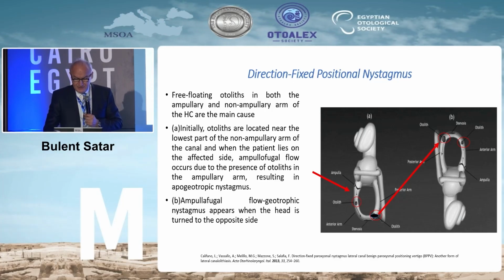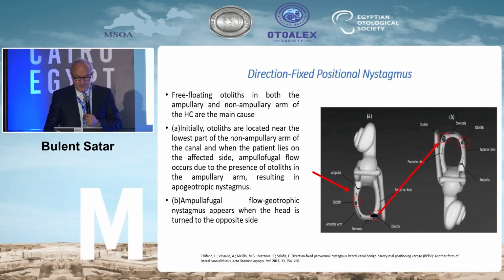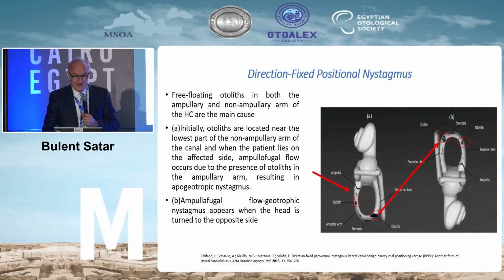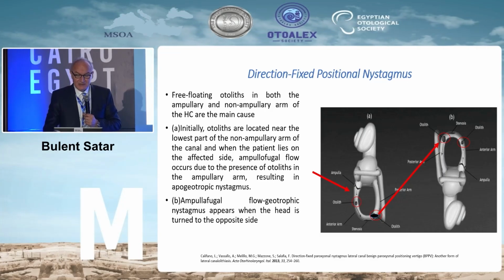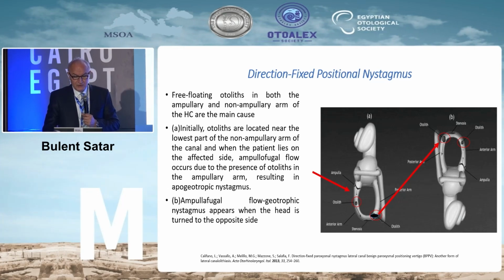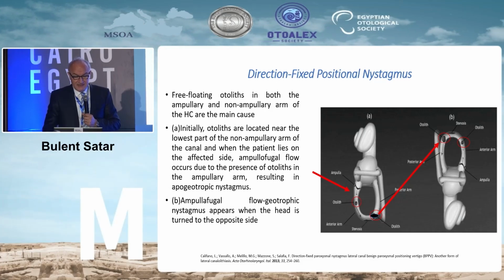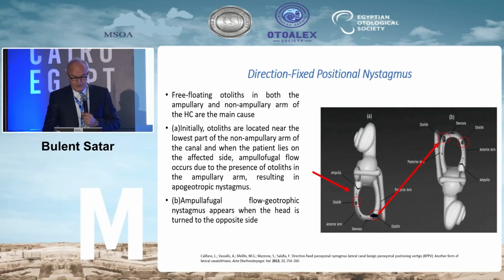As seen on the left side of the panel, initially otoliths are located near the lobus part of the non-ampullary arm of the canal, and when the patient lies on the affected side, ampullofugal flow occurs due to the presence of otoliths in the ampullary arm, resulting in an apogeotropic nystagmus.